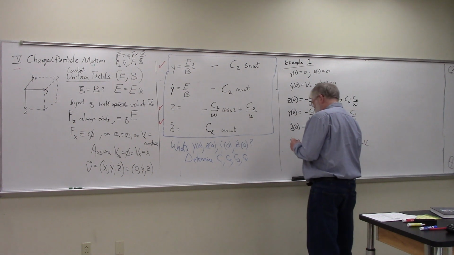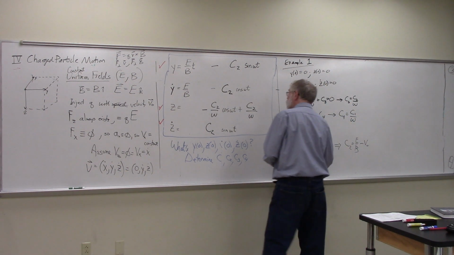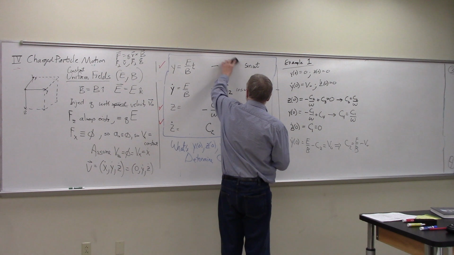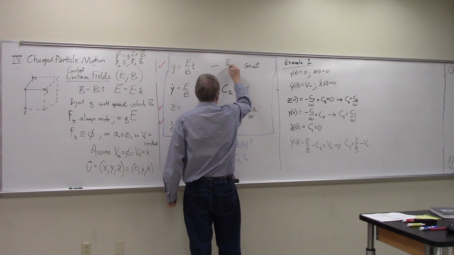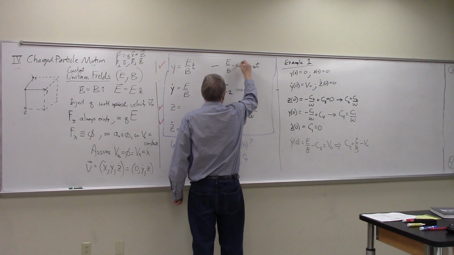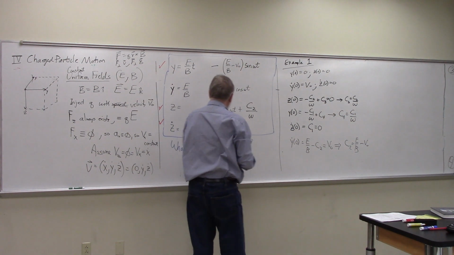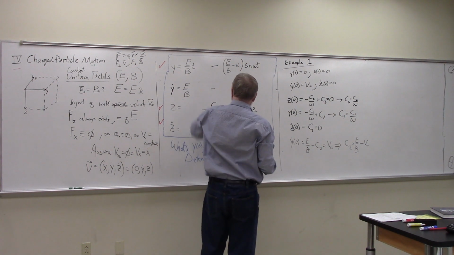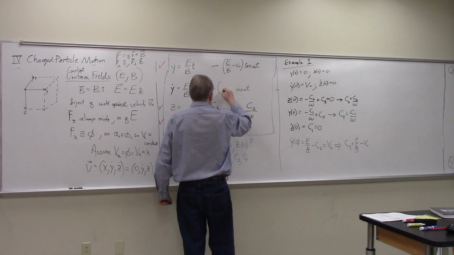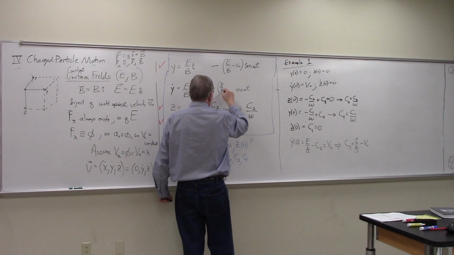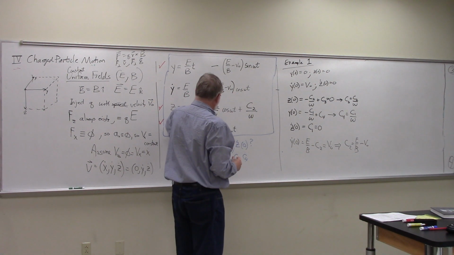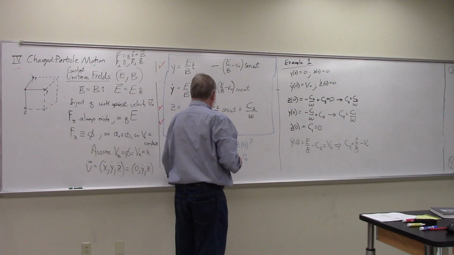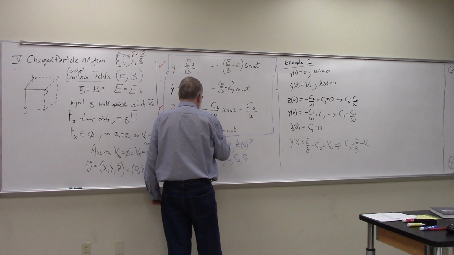So let's fix that everywhere. C2 is E over B minus V0.